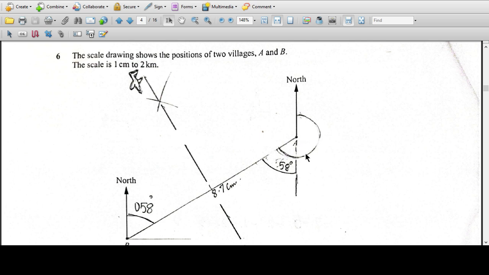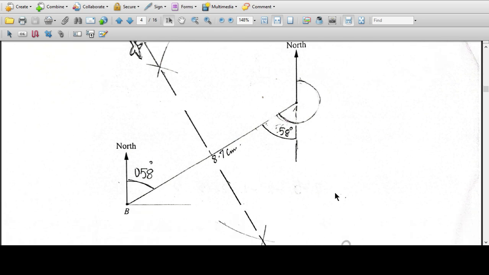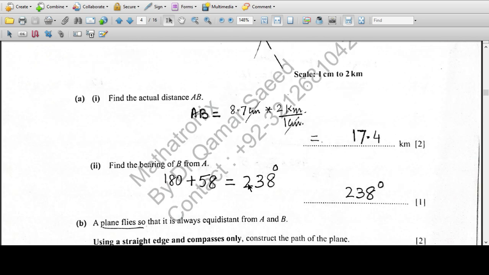So this is 180 plus 58 degrees, which equals 238 degrees. So the bearing of B from A is 238 degrees.